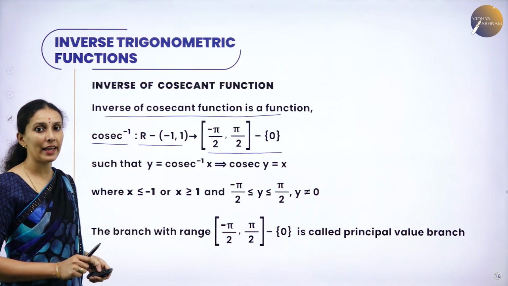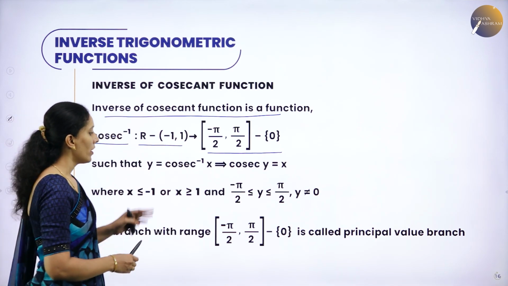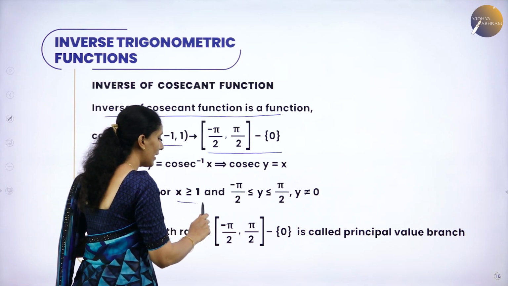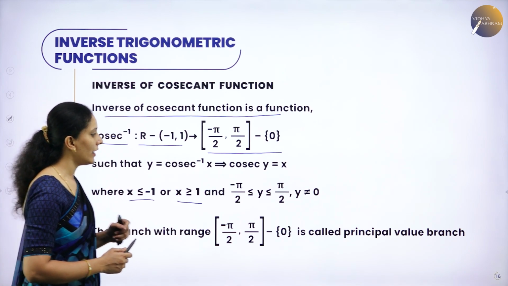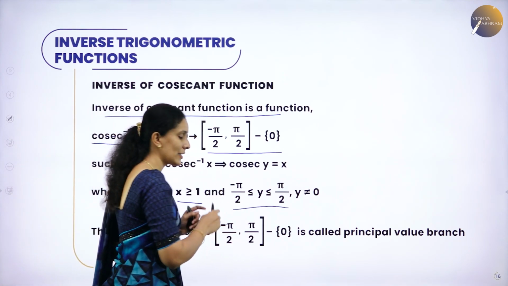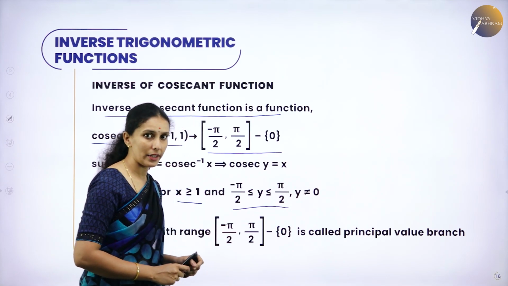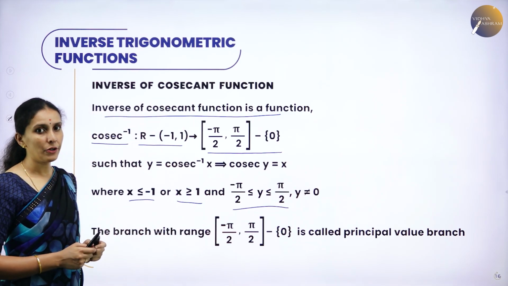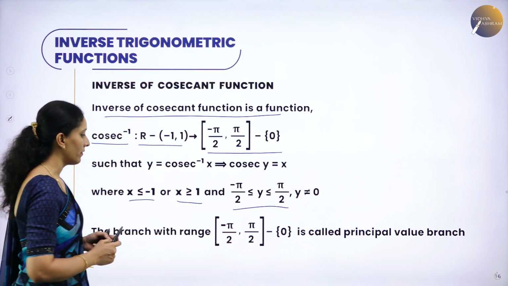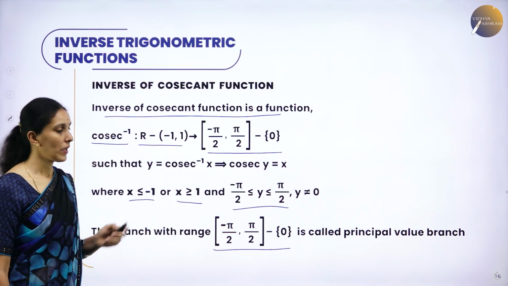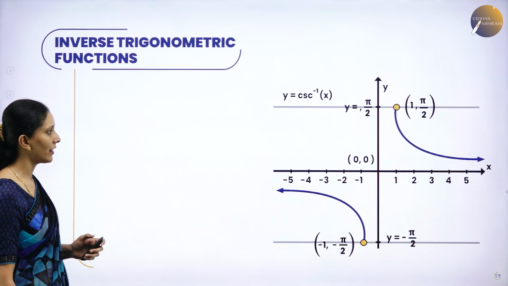As I defined in the case of secant, here also x can have values less than -1 and greater than 1. Similarly, the range lies between -pi by 2 and +pi by 2 except y equal to 0. The principal value branch for cosecant inverse is [-pi by 2, pi by 2] minus {0}. Let's look at the graph of the cosecant inverse function.